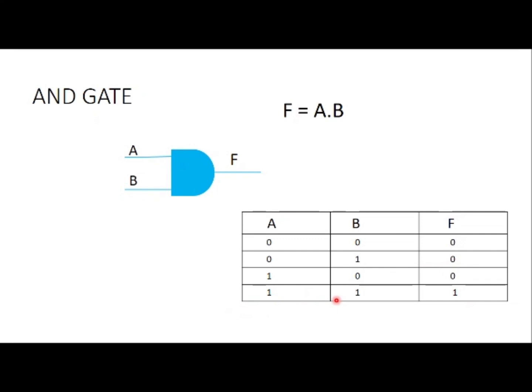Here you have 1 in A and B also 1. But here you have A 1 and B 0, therefore 0. In the AND logic gate, you have to understand the truth table. All the inputs should be 1 to get the output as 1. Here A is 1 but B is 0, still it's 0.